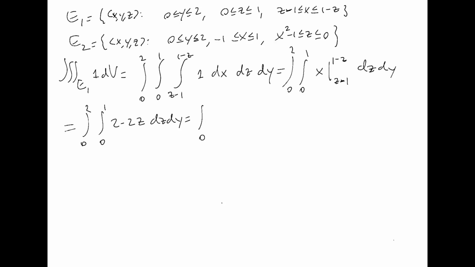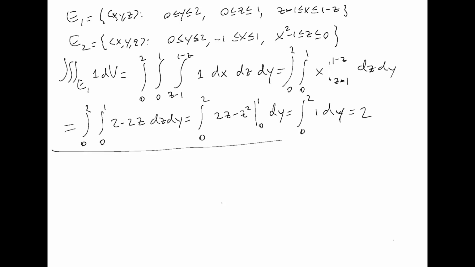Well, that's easy to integrate with respect to z. That's going to be 2z minus z squared between the boundaries 1 and 0, which is, I get 1, and if I plug in 0, I get 0, so I will just get 1, and this is, you can check yourself, this is 2. Okay, so that was the integral over E1.